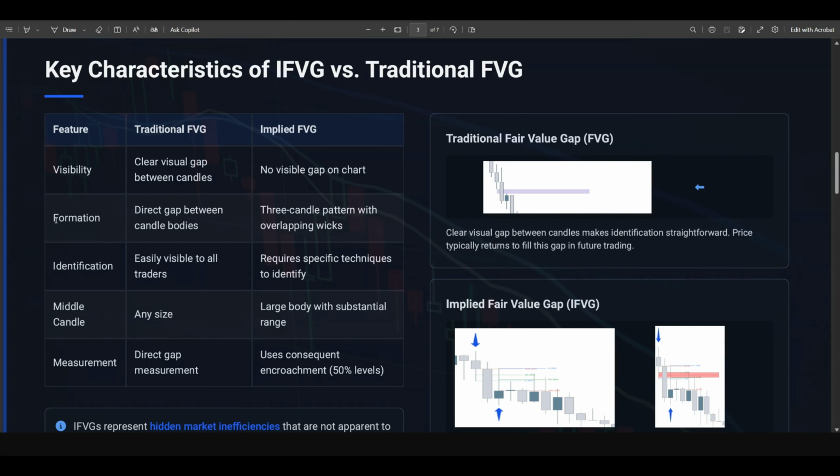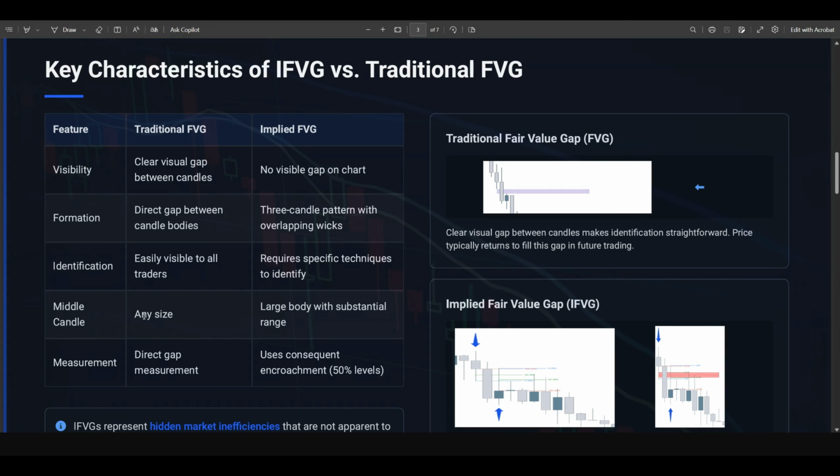For the formation, a direct gap between the candle bodies is obvious, but for the implied fair value gap, you need a 3-candle pattern with overlapping wicks. I'll explain this in a second. When it comes to identification, the traditional fair value gap is easily visible to all traders. For the implied fair value gap, this requires a specific technique to identify.